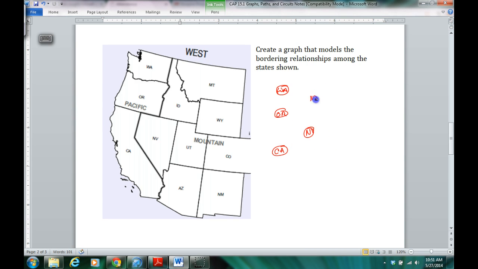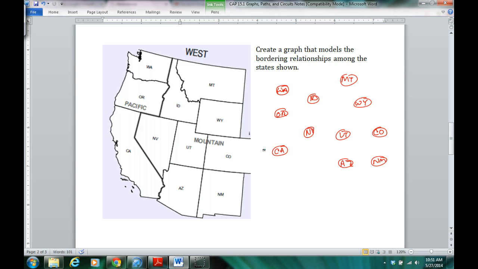Idaho. Montana. Wyoming. Utah. Colorado. Arizona. And New Mexico.